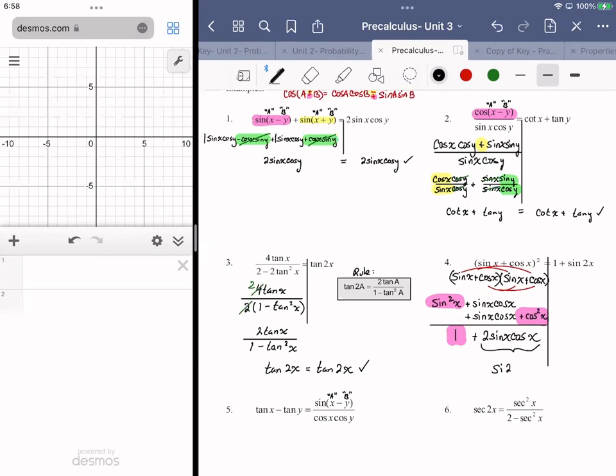That's the only way that this could work. And that happens to be the double angle rule for sine.